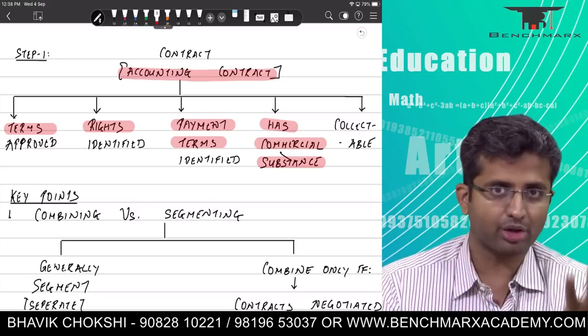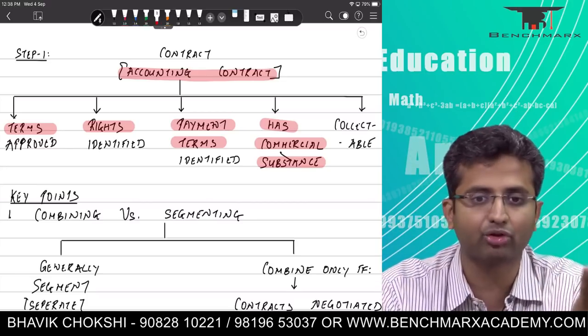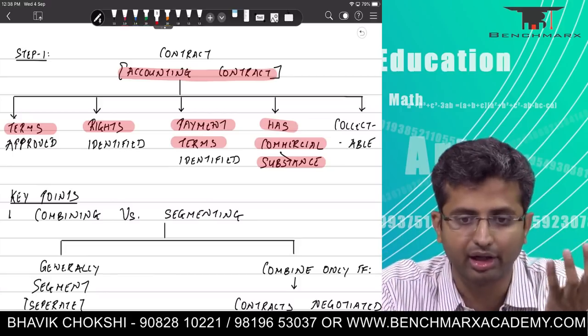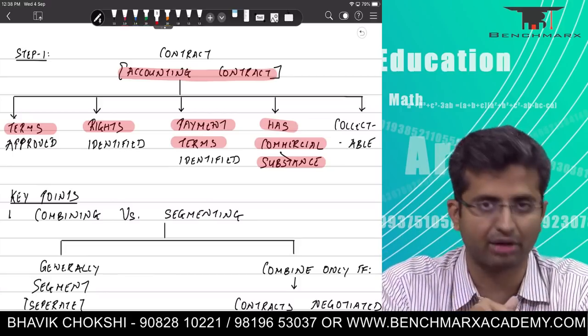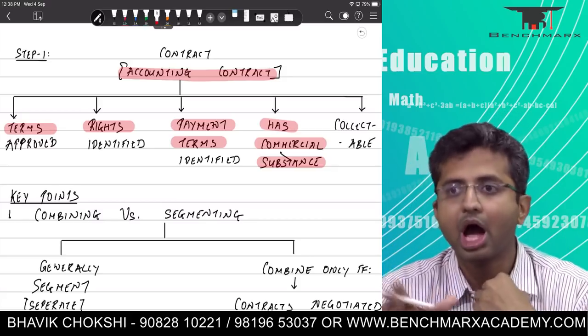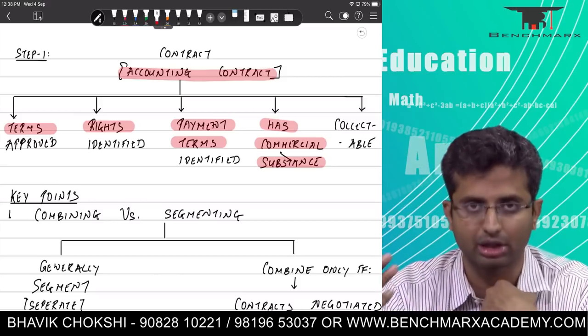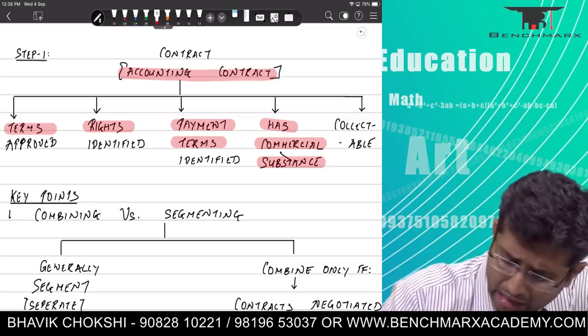The standard says, why should you recognize any revenue at all? Forget about fair value, forget about WDV. The transaction is on paper, it's not a real sale, and as a result, there will be no revenue recognition. Well, it's not an accounting contract. It might be legally enforceable, but from an accounting perspective, we don't count it as a contract, and hence no revenue recognition will happen in such a case.